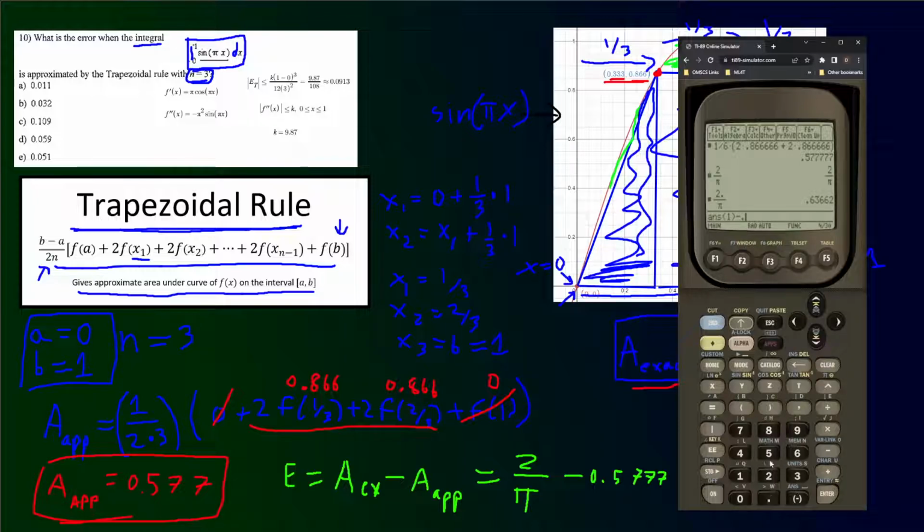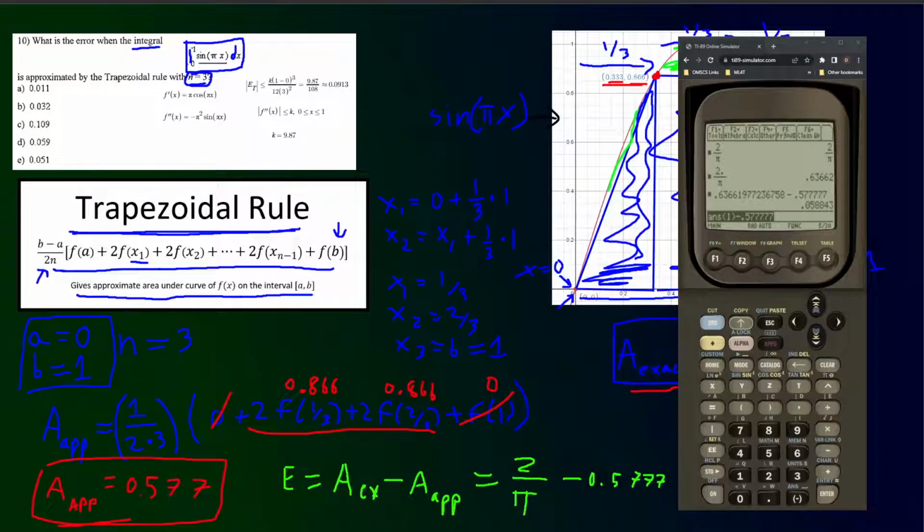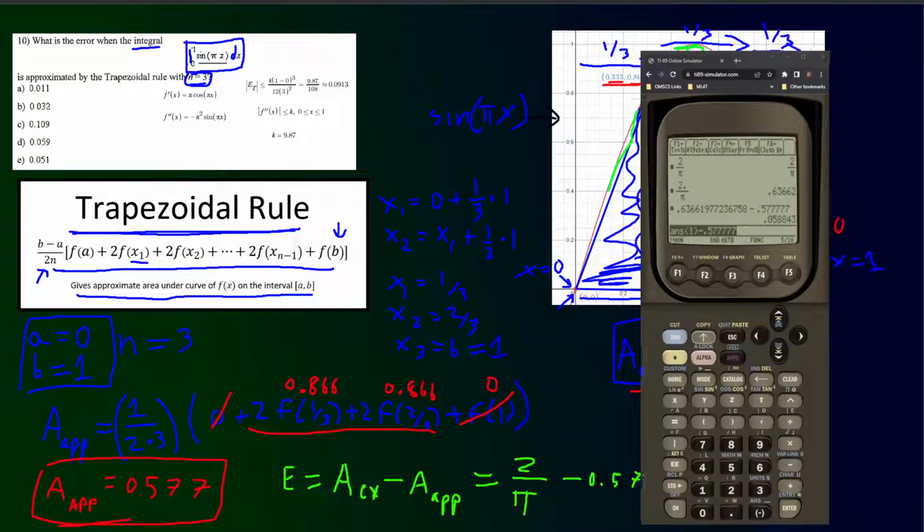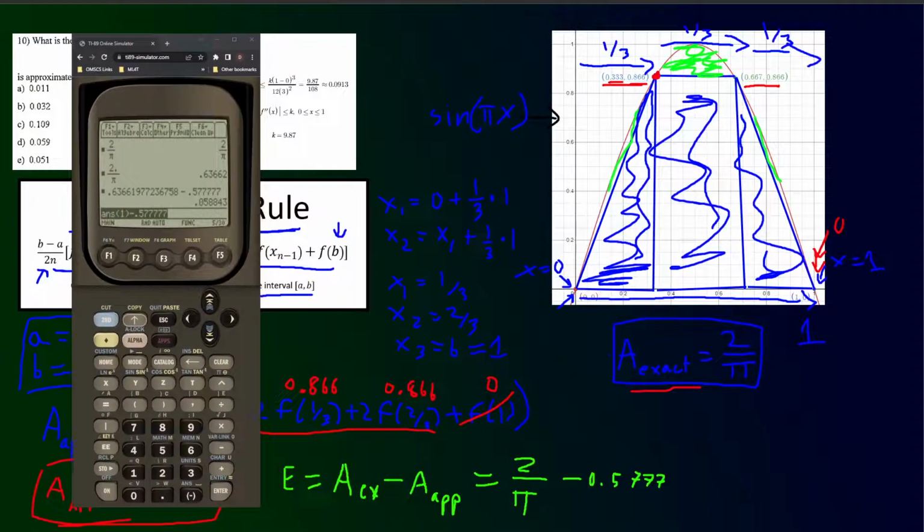And when we subtract 0.5777777, the calculator told us this number is 0.0588.